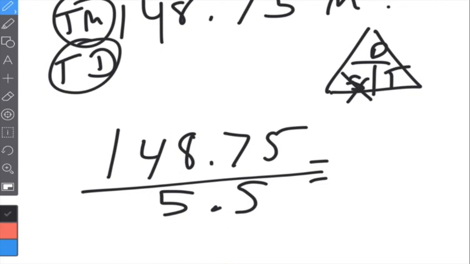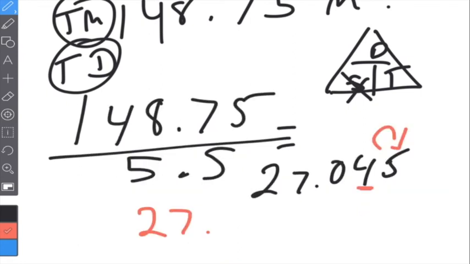You're going to get something that looks like this, 27 and 45 thousandths. So we need to round to the hundredth because I asked you to round to the hundredth. Go next door, 5 and above, give it a shove. So the final answer is going to be, it's not letting me move it up. I'll just write 27.05 or 5 hundredths mph, miles per hour.